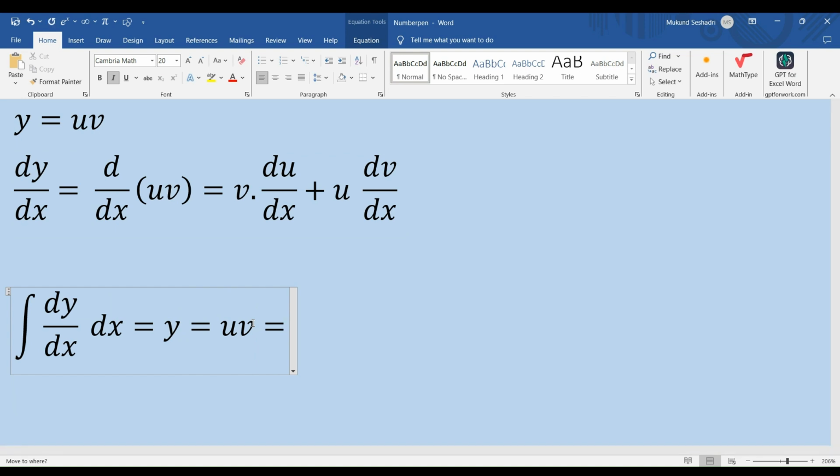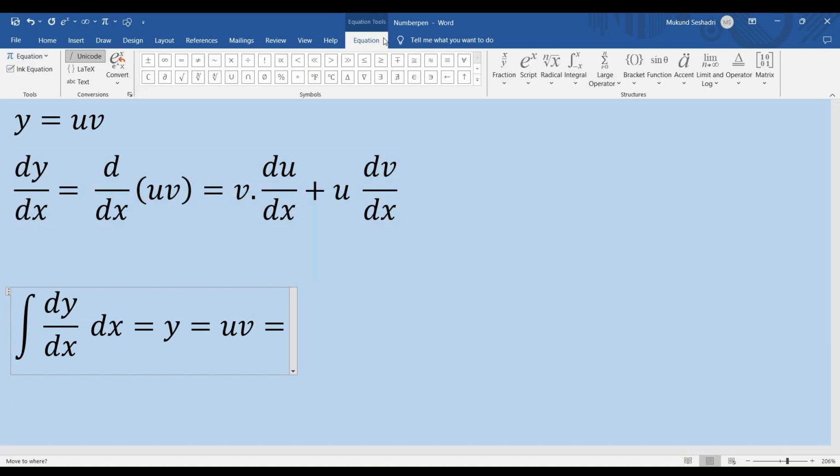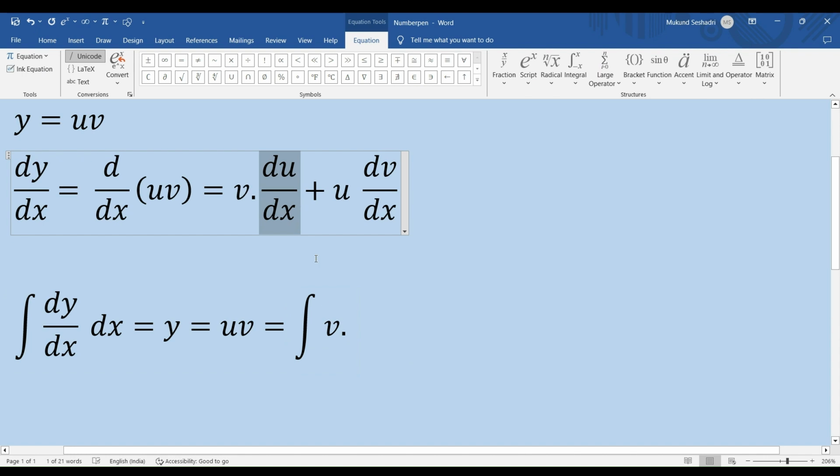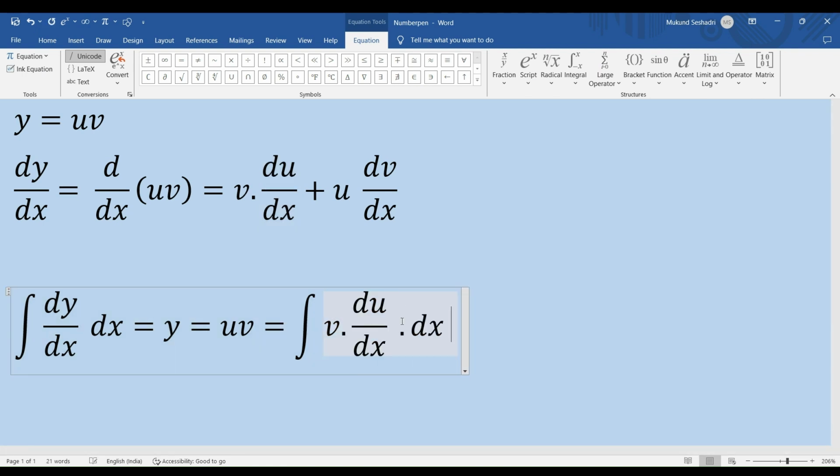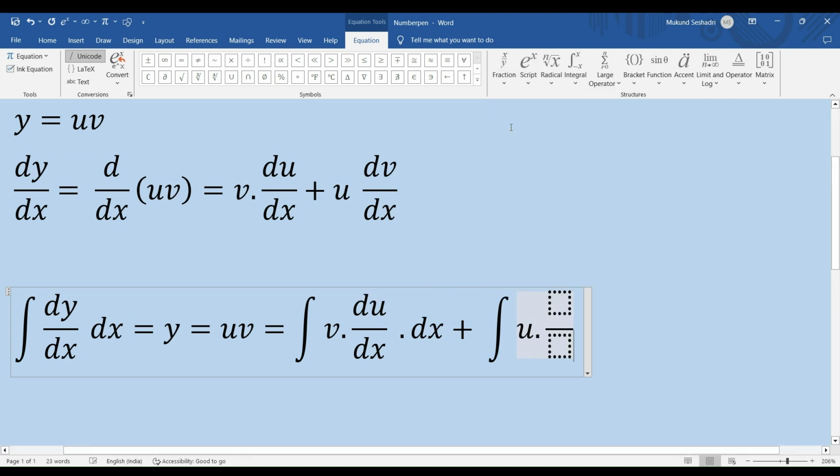And then I go to my RHS. I apply the sum rule of integration here. Therefore, my RHS becomes integral of v du by dx times dx plus integral of u into dv by dx times dx, right?